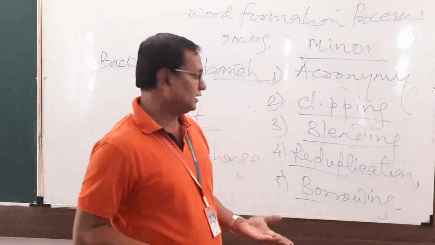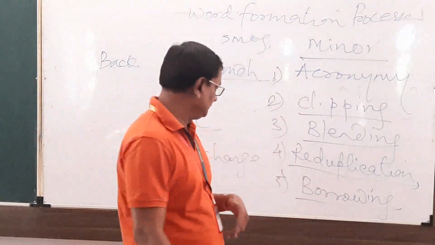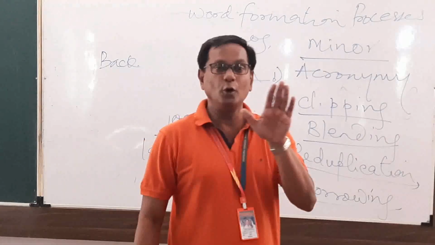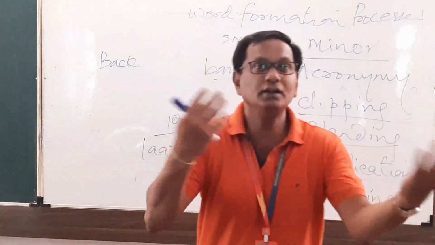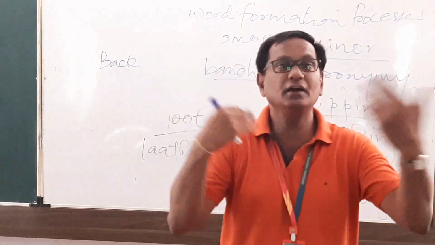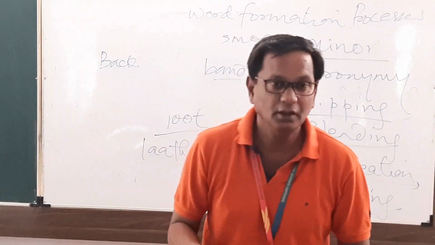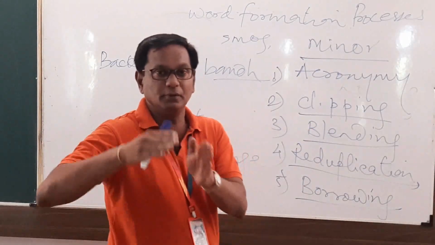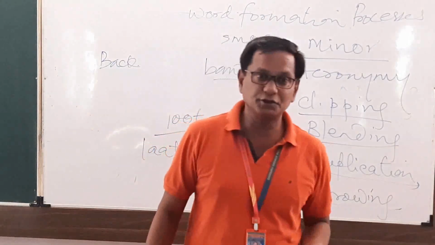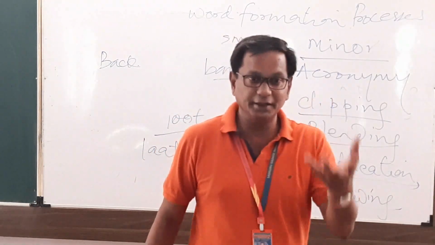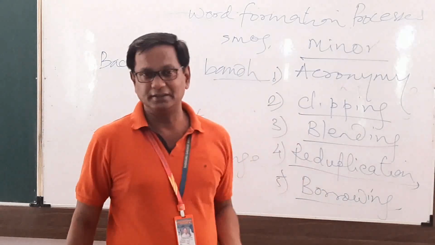Such words are examples of reduplication. Next we've seen borrowing. Borrowing is the process in which words are borrowed from other origins into the language. In English, for example, we have n number of words that are borrowed from Indian origin, Arabic origin, Italian origin.